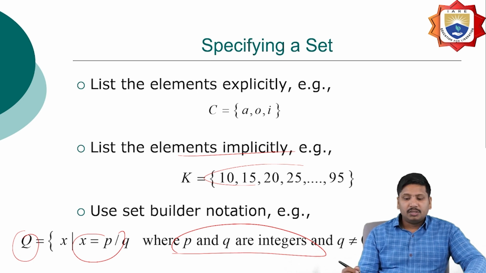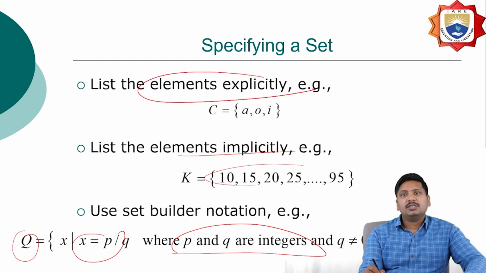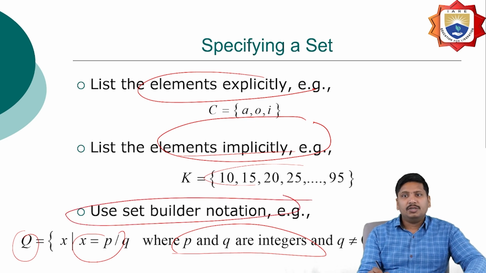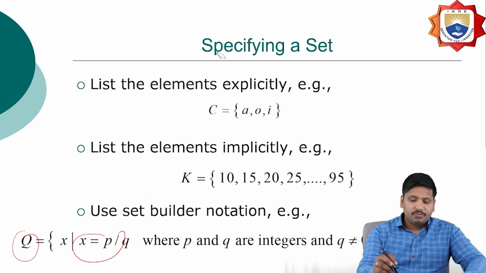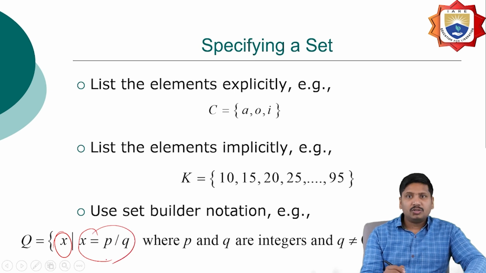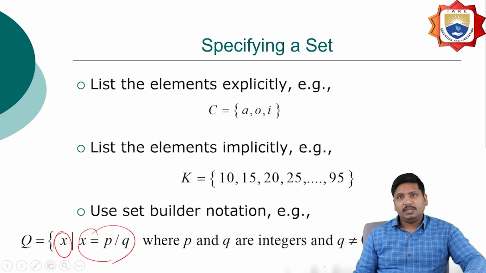So either explicitly I can represent the set, or I can represent the set implicitly. Under convention, I use set builder notation. The convention for this notation is that we have an element x such that x belongs to p by q, where p and q are the integers.